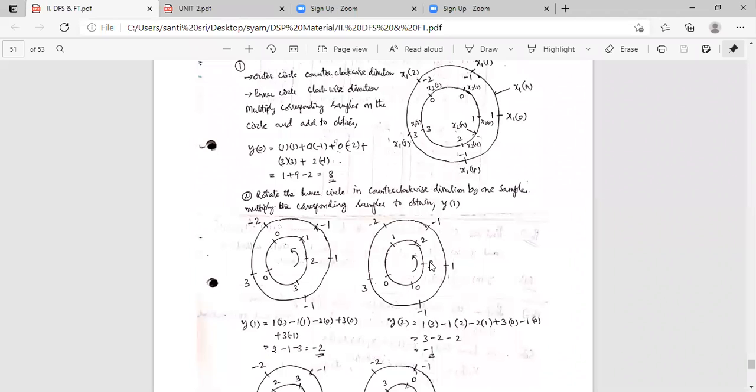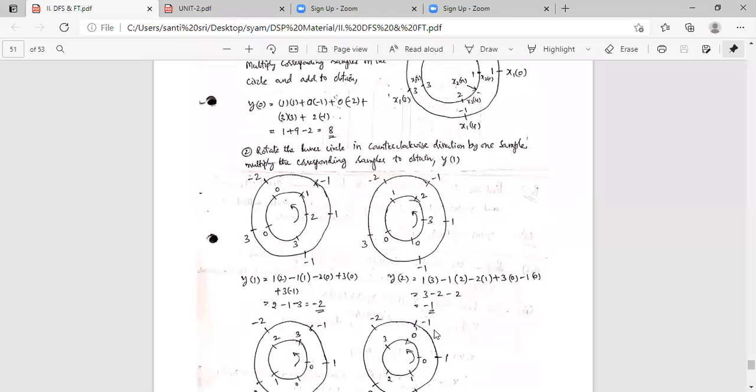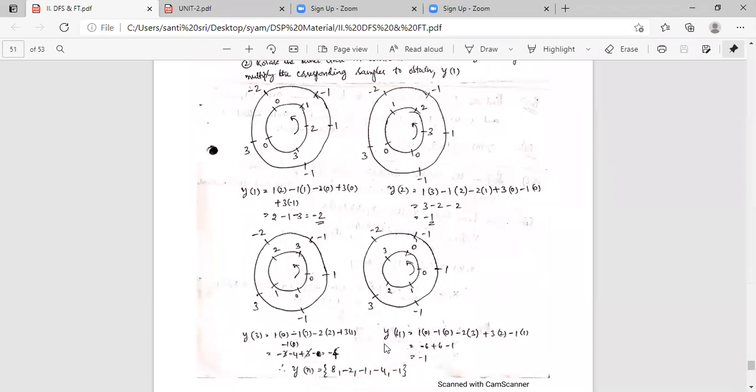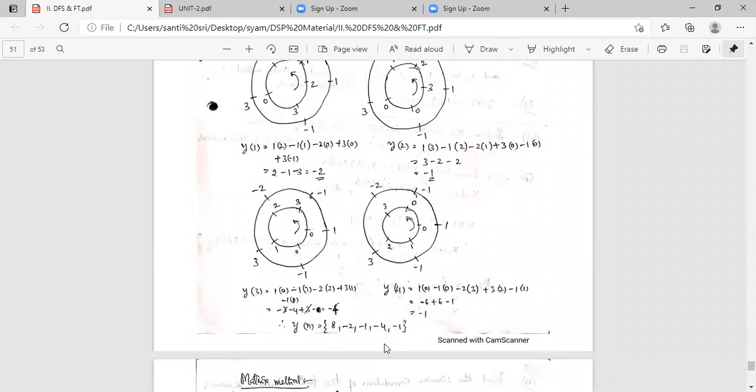Similarly, we rotate by one more sample to get y of 2, and similarly y of 3 and y of 4 until the end, so that y of n is y of 0, y of 1, y of 2, y of 3, and y of 4 values.